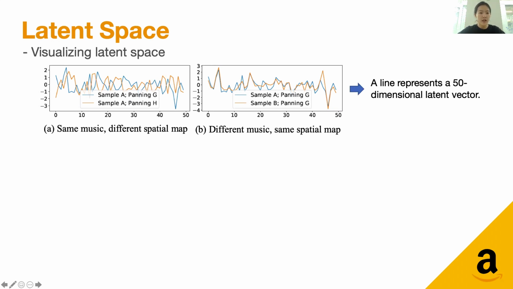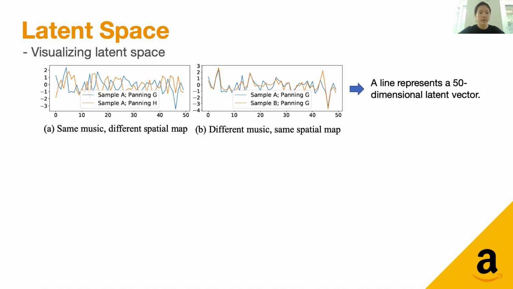In contrast, the 2 plots in figure B are somewhat tied to each other, as you can observe here. Those 2 vectors are from 2 different songs, but share the exact same spatial images of the instruments.